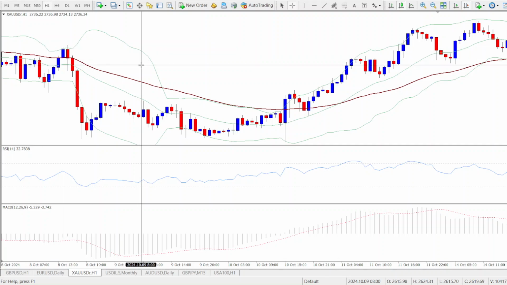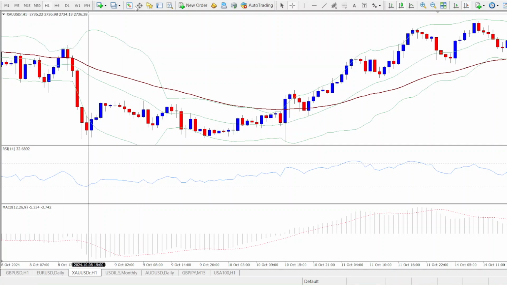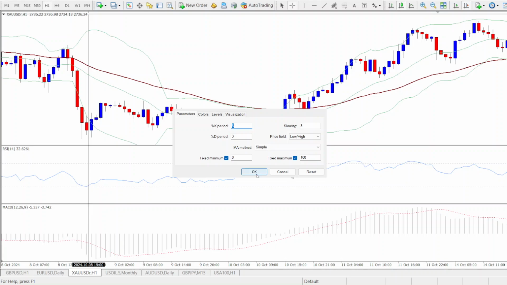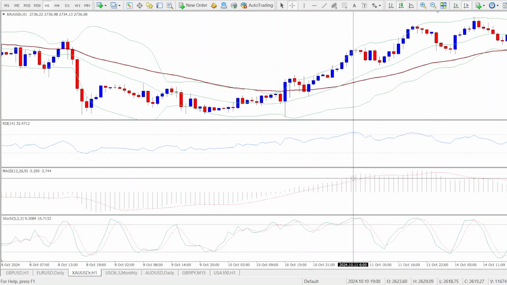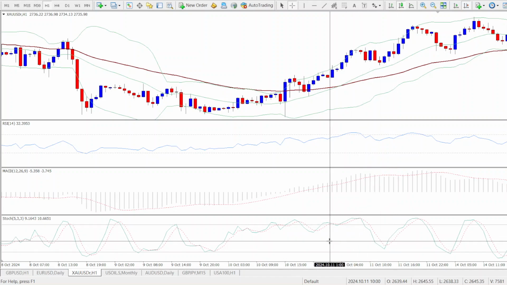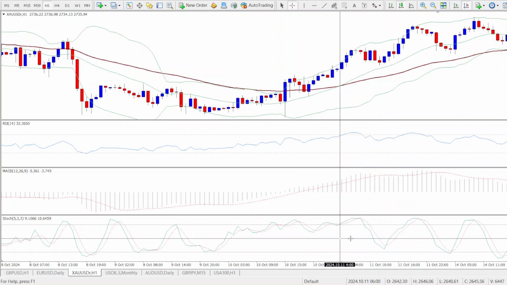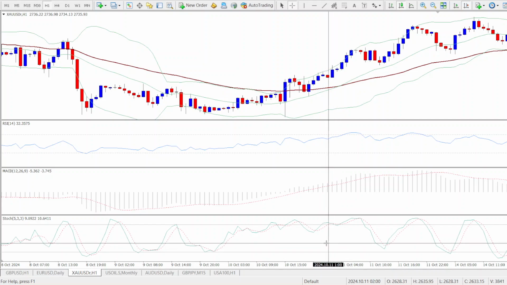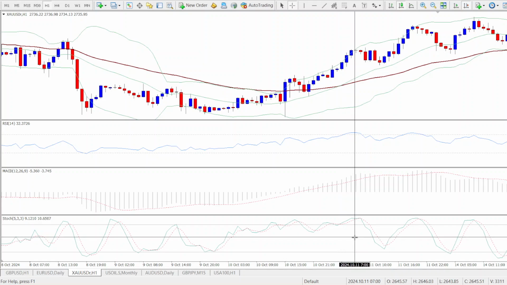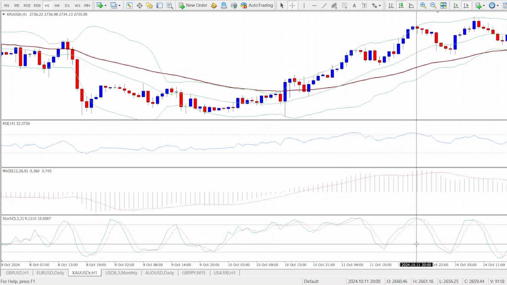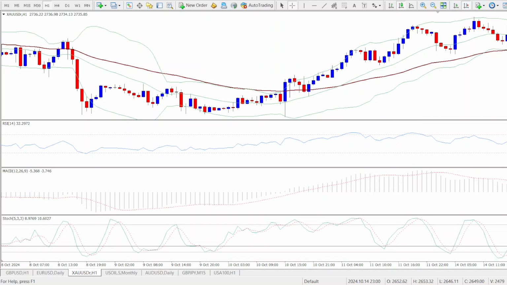Now the last but not the least is the stochastic oscillator. Now this momentum indicator is perfect for catching short-term reversals on the 1 hour chart. It compares the closing price of an asset to its range over a recent period, generating values between 0 and 100, as we can see.